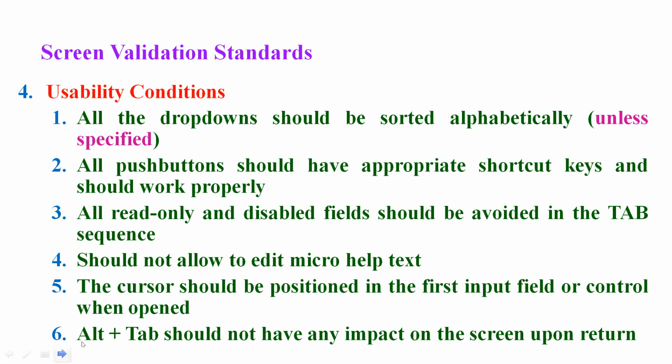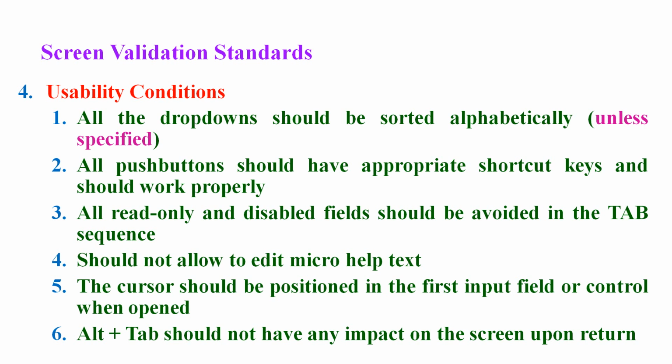Alt plus Tab should not have any impact on the screen upon return. For example, say you have opened multiple screens with different applications, because within the same application you cannot open multiple screens. If you press Alt plus Tab, the system should be able to display the different screens upon your selection.